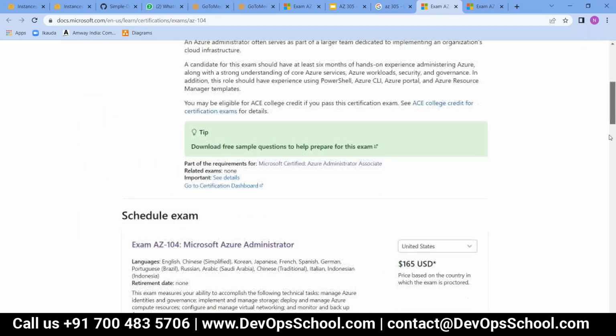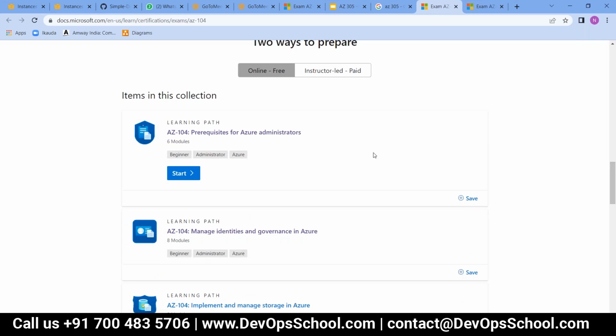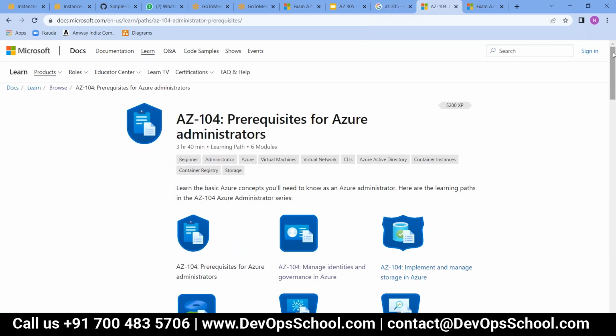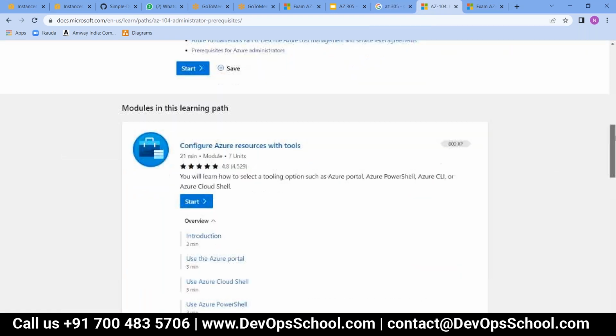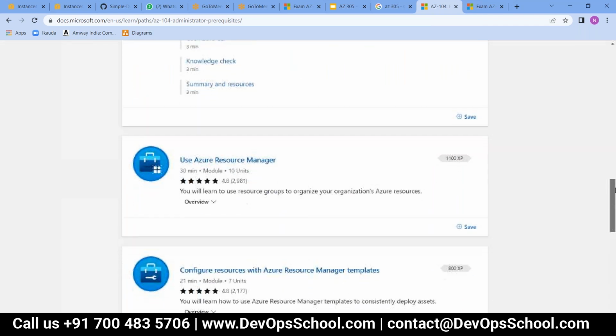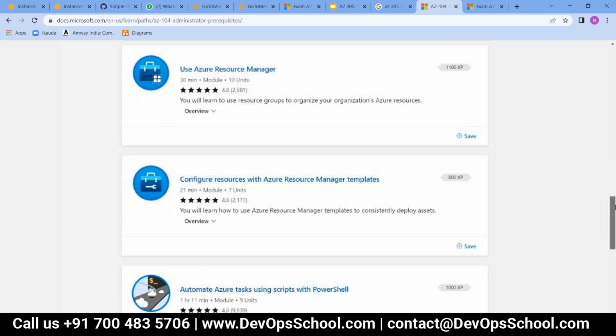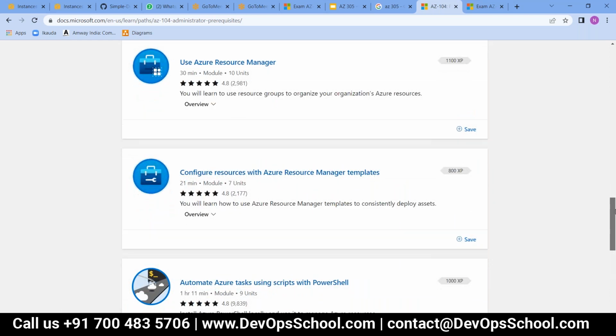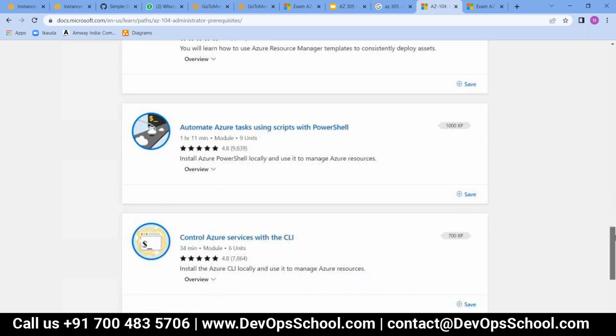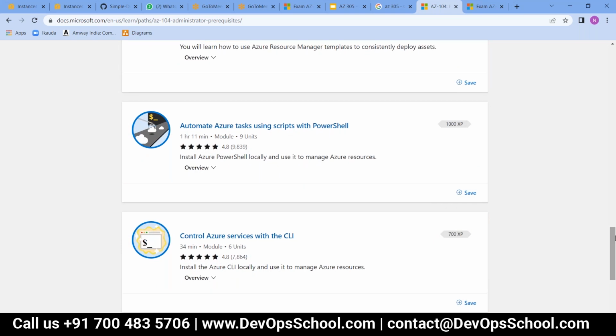the first segment of it is prerequisites of Azure administrator. They talked about resources and tools, which are not part of that. Resource manager, yes: AZ-305 discusses resource manager conceptually, and AZ-104 talks about the real-world implementation of it.